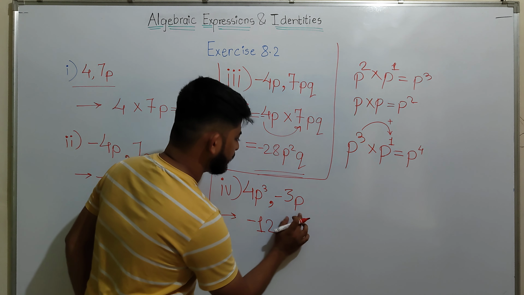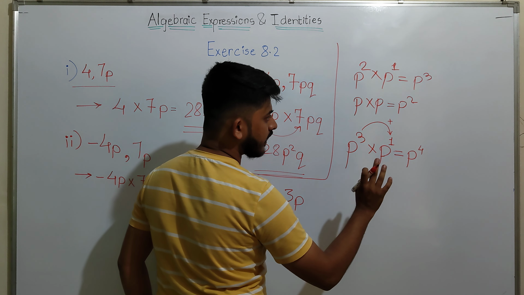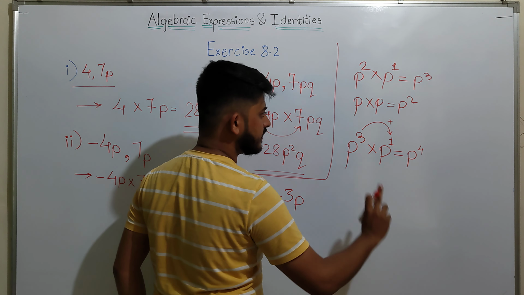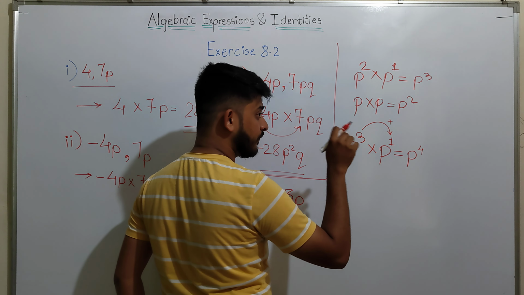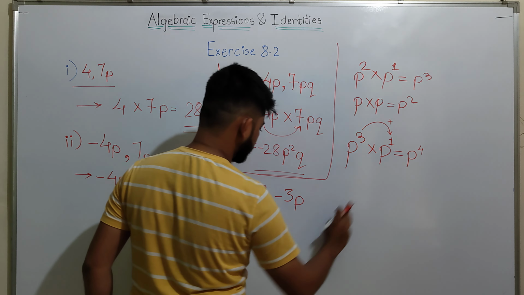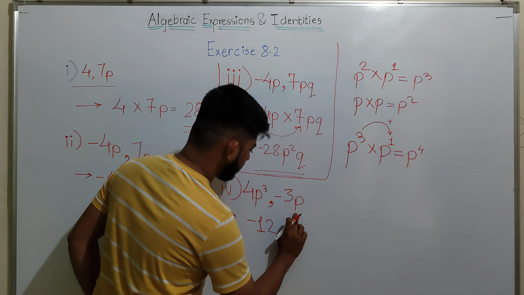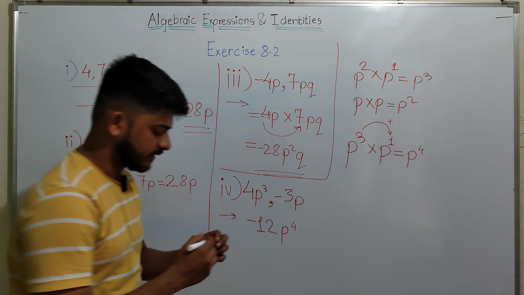Similarly, see here, p cube into p. If they have not given any power to the base p, by default it is 1. Now this is positive, right? See here, p cube into p, I'll write p raised to 4. That's it.